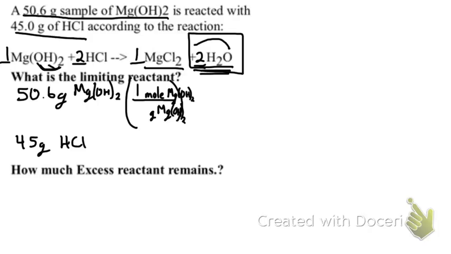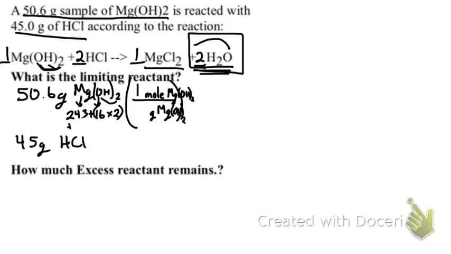And for the grams, we have to figure out how much magnesium hydroxide weighs. If you look on the periodic table, magnesium's atomic weight is 24.3. We're going to add that to how much oxygen weighs, which is 16. But remember, we have 2 oxygens, so 16 times 2. We'll put that in parentheses.